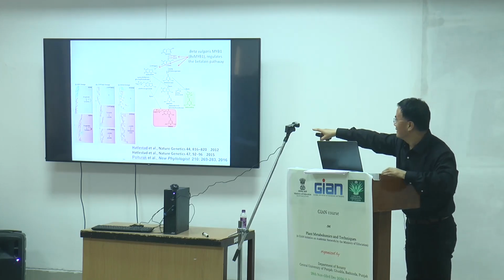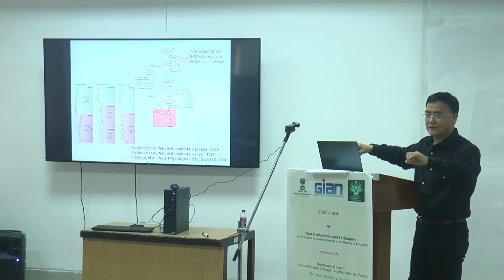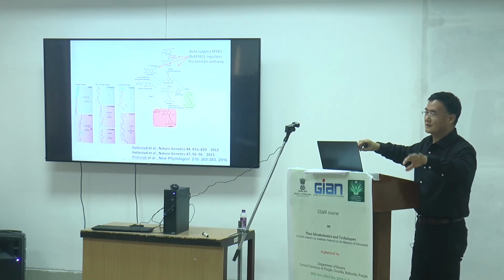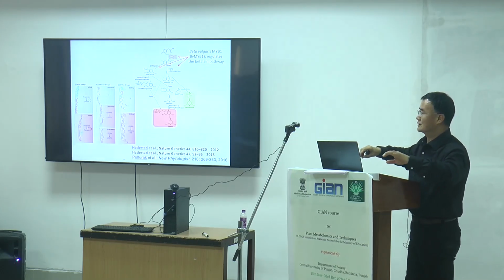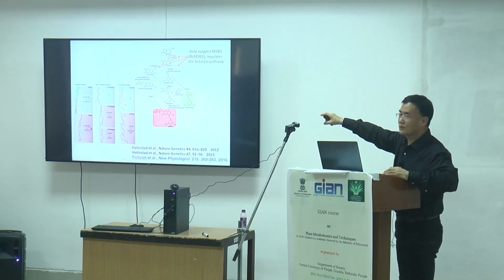One is the betacyanin glycoside, the dark red, but the yellow one also.